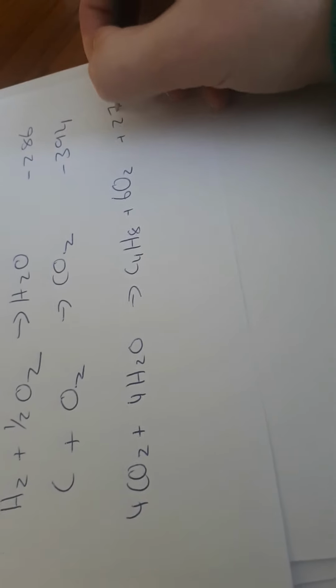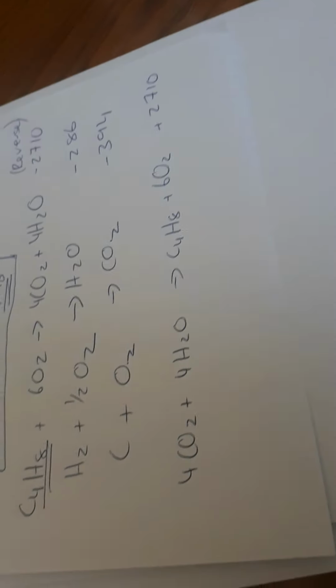So what I do here is I look left-hand side, right-hand side. The first thing I have to do here is reverse. So I end up with 4CO2 plus 4H2O, and that gives C4H8 plus 6O2, so plus 2,710.